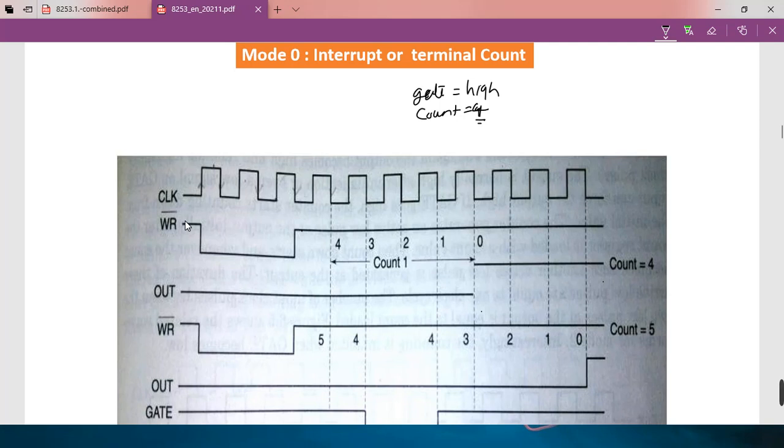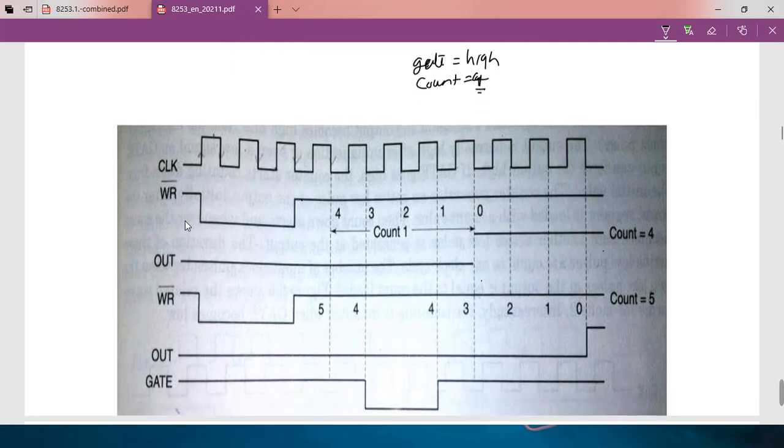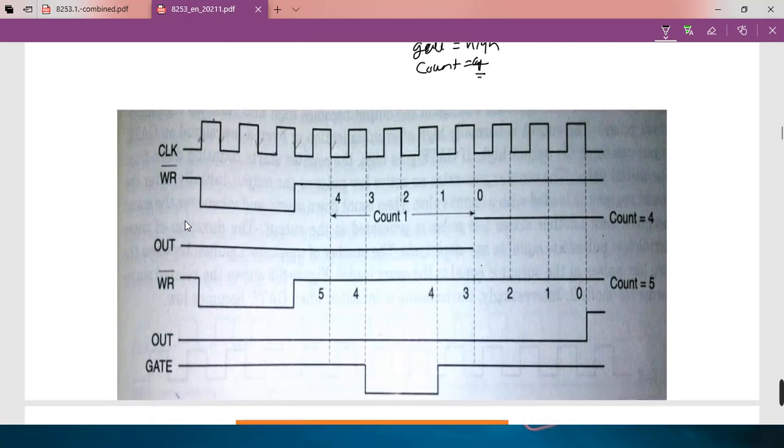Another important thing is that during the counting, for example, if I load 5 and the gate pin is high, then at the first negative edge of the clock it starts counting 5, then 4. If the gate pulse goes low, the count remains as it is, that is the value 4, till the gate pulse is low.